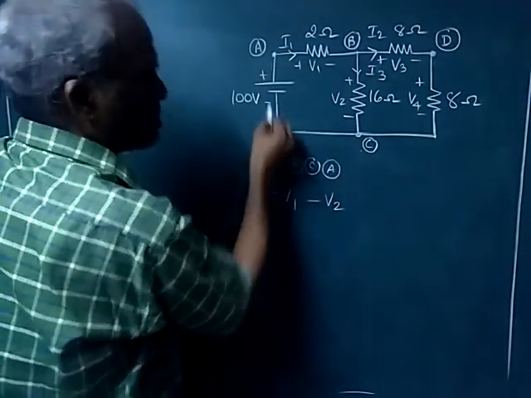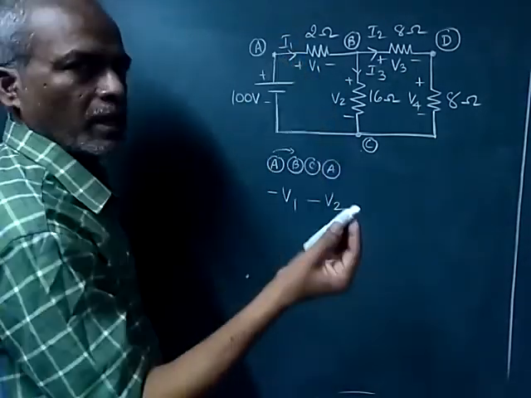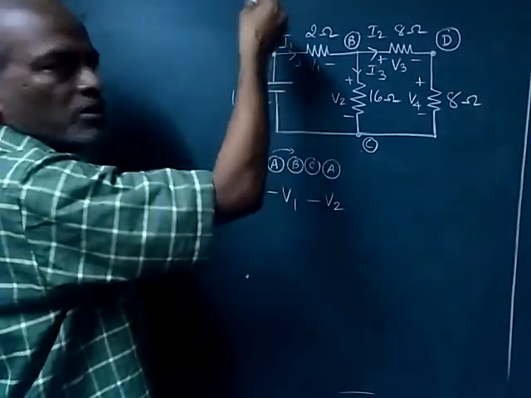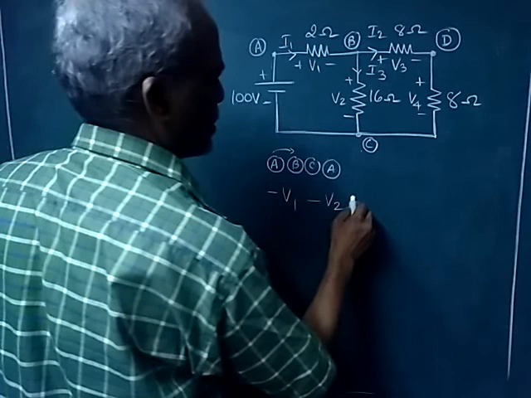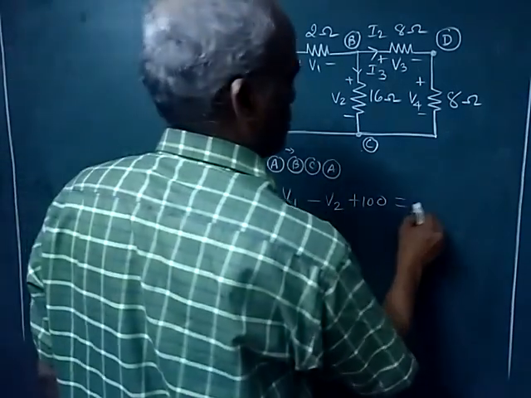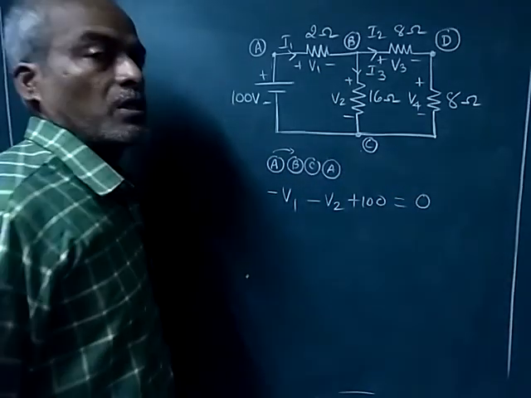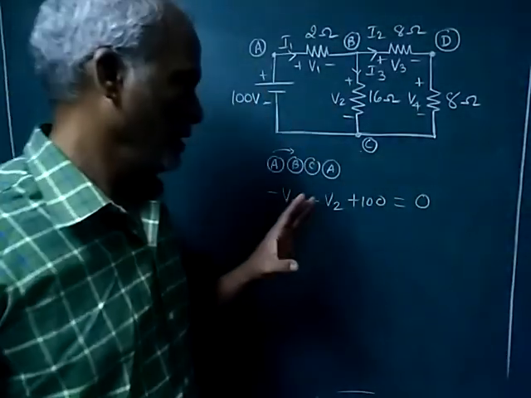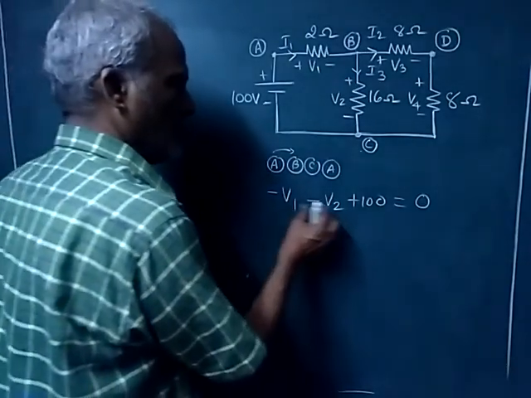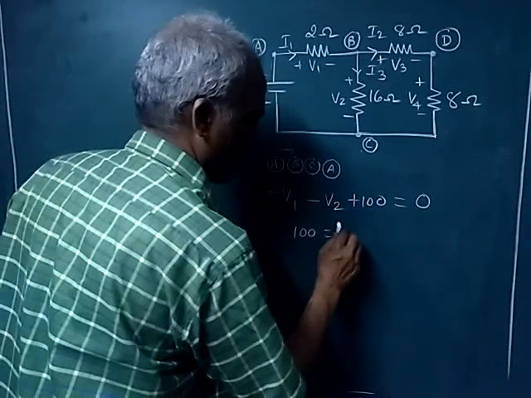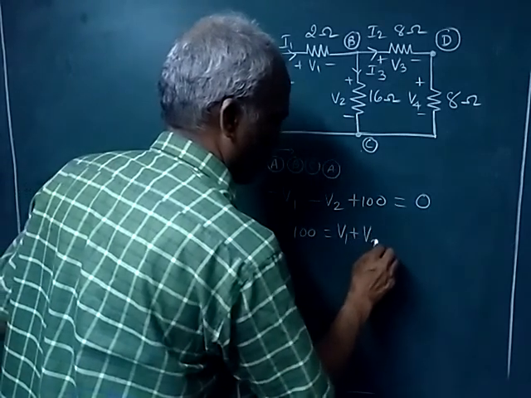You are moving from C to A. It is a rise in potential. Why? Because this is negative, this is positive. From negative you are moving on to positive. Therefore, it is a rise in potential, plus 100 is equal to 0. This is Kirchhoff's voltage law. If you sum up all the voltages, it has to be 0. Now you take this V1, V2 to the other side. So what will happen? 100 is equal to V1 plus V2.